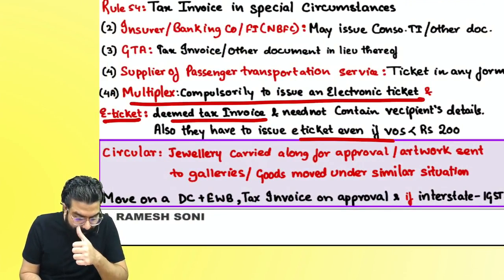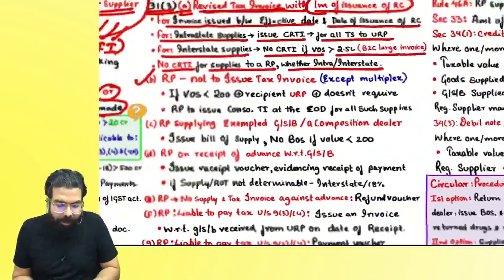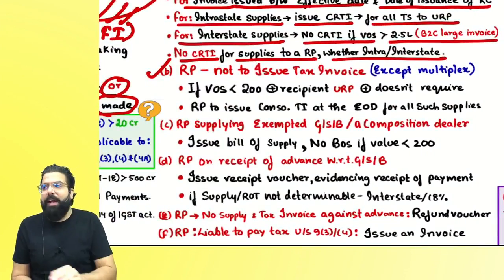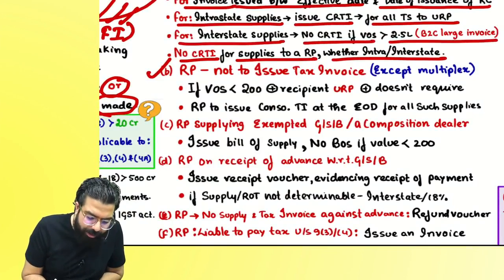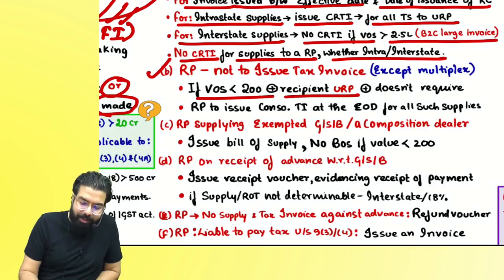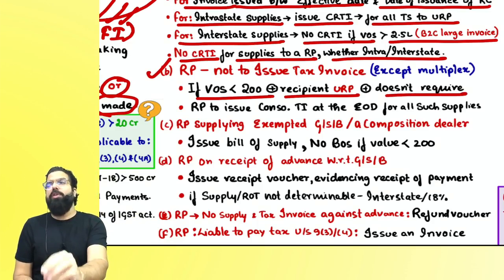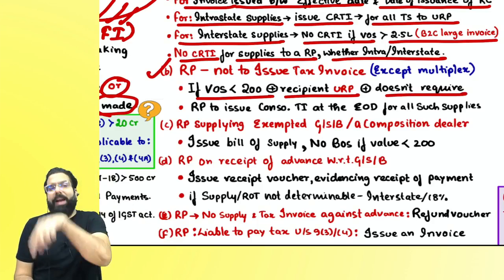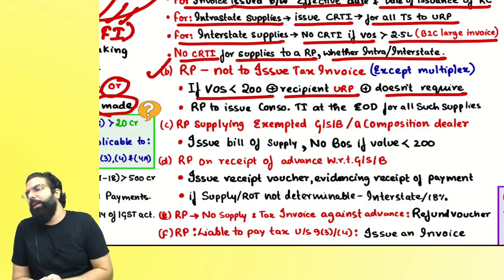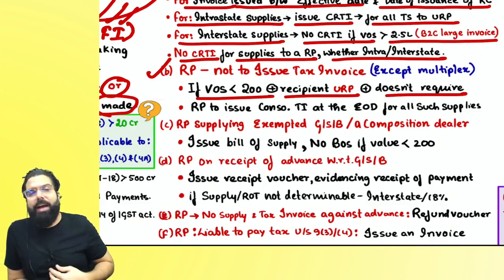Yes, and the e-ticket is required even if the value is less than 200. But other than that, if a person is supplying where the value of supply is less than 200, the recipient is unregistered and the recipient is not demanding, then invoices are not required, but for all those supplies at the end of the day you have to raise a consolidated tax invoice.